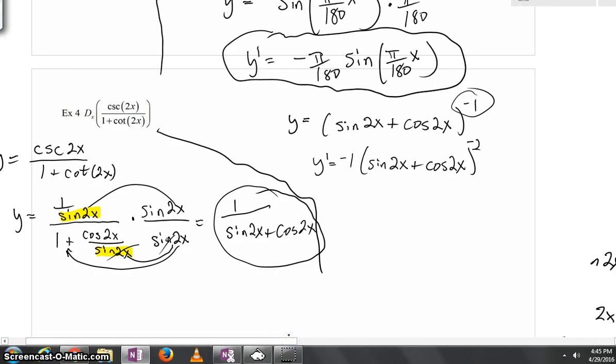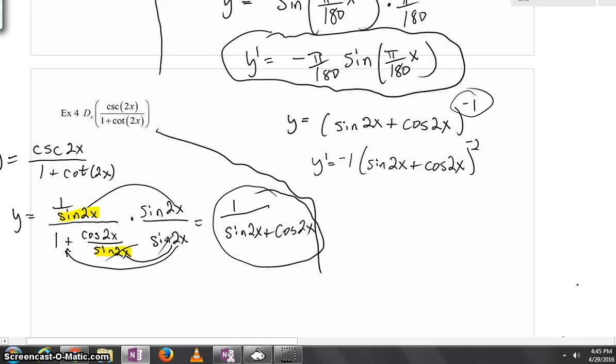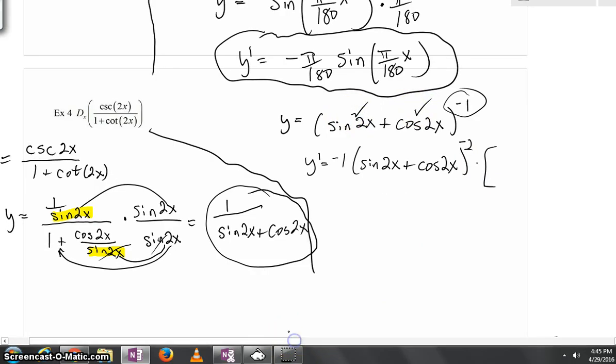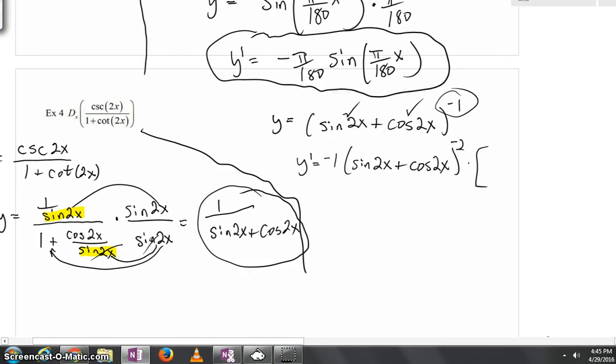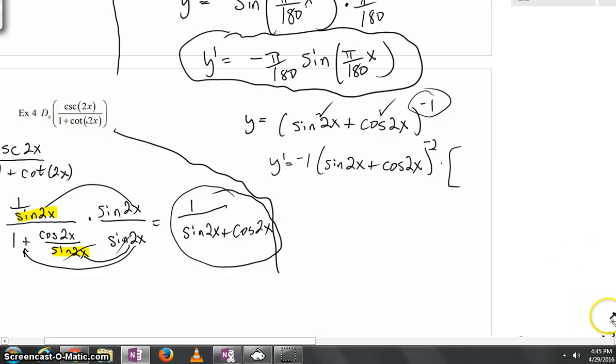But this is where it's going to get a little bit crazy. We're going to have to take a derivative of the inside. Now, when you're taking the derivative of the inside, there are two parts that you're going to have to worry about. And I don't think I need to even tell you, you're going to need to do the chain rule for each of those derivatives.